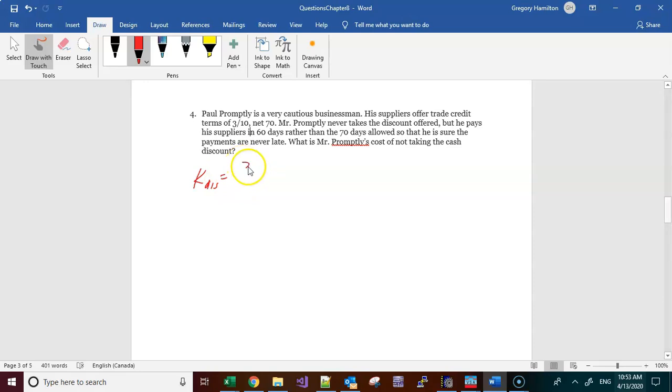He has 3% over 100 minus 3%, multiplied by 365 over what? He is effectively taking only 60 days and not 70 days.